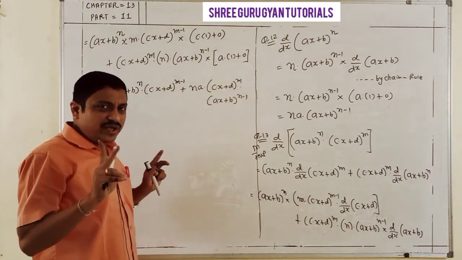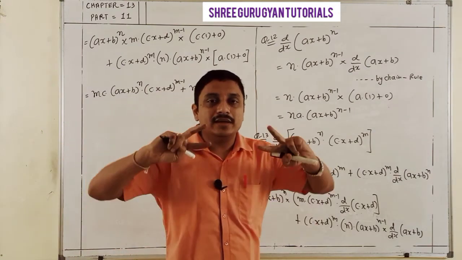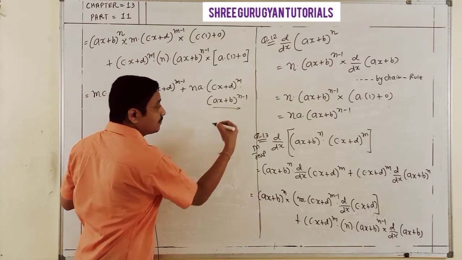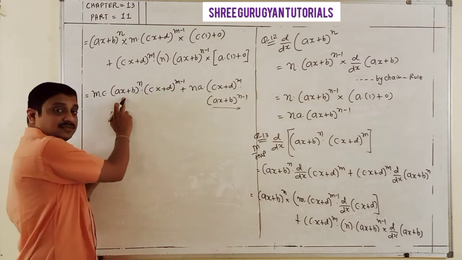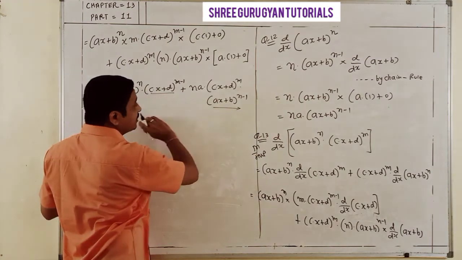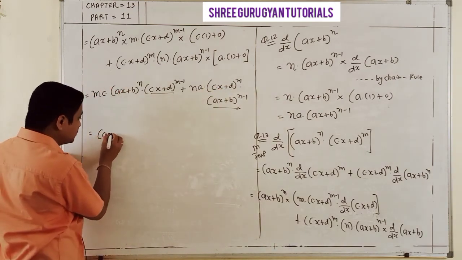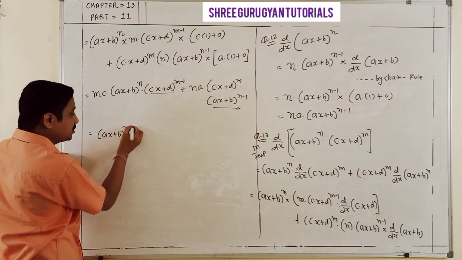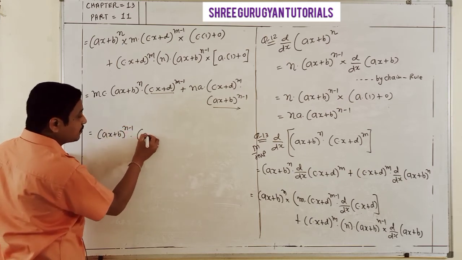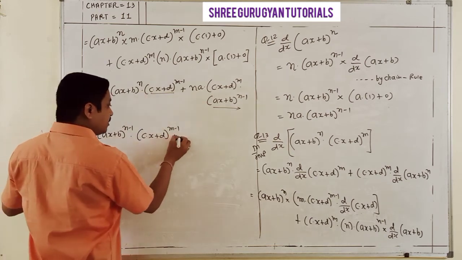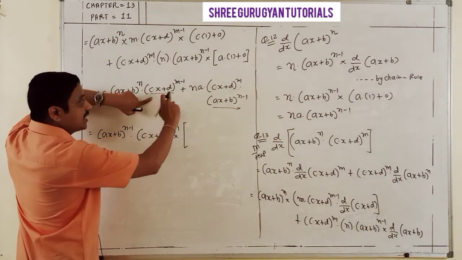Students, always take the common by least to least priority. So this is the least power compared to that, and that is also the least power compared to that. So I take the common (ax + b) raised to the least power, same (cx + d) raised to the least power, and the remainings are as they are. This and this are common.